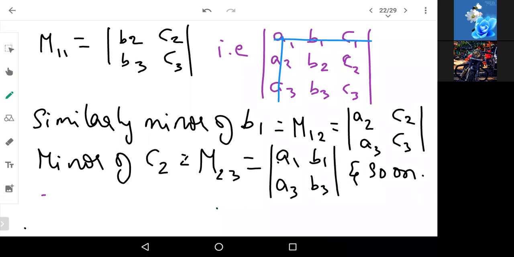I can find for every minor, right? For everything. But here we will be finding minors for all the 9 elements. Every element. Previously we were only finding it for first row, sometimes only for second row. But here in minor we are going to do it for every element of the matrix. Understood? Any doubts till here?